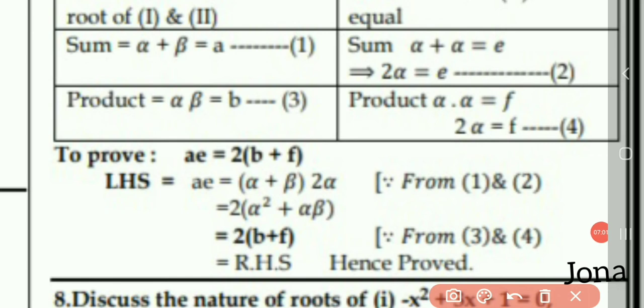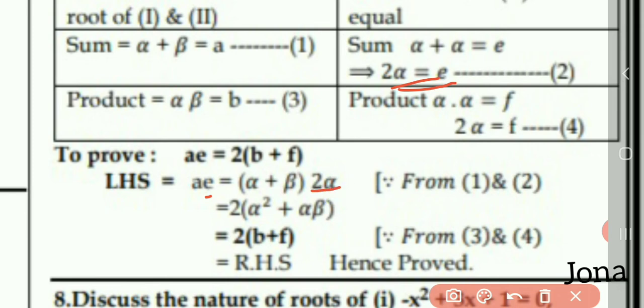So take the left hand side AE. For A, we already have alpha plus beta, so I substitute alpha plus beta, and for E we already have 2 alpha.